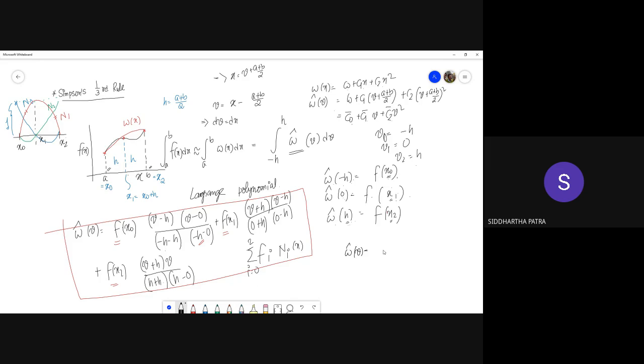So w hat of v is, I'm just simplifying f of x0 as f0, this one as f1, and this one as f2.